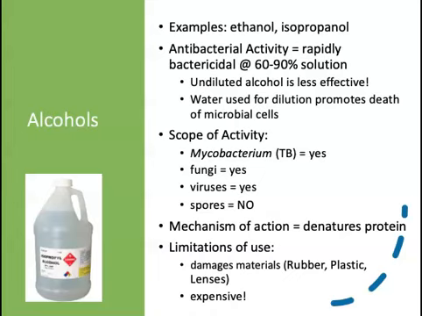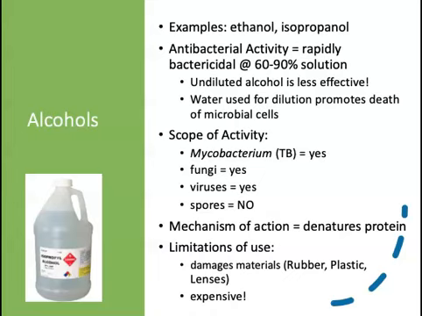A lot of people will think that if 70% alcohol is good, well, then 100% alcohol must be even better. But in actuality, it has to be diluted to be at its peak effectiveness. Undiluted alcohol is simply less effective. It turns out that the water that we add into the alcohol actually promotes the death of the microbial cells.